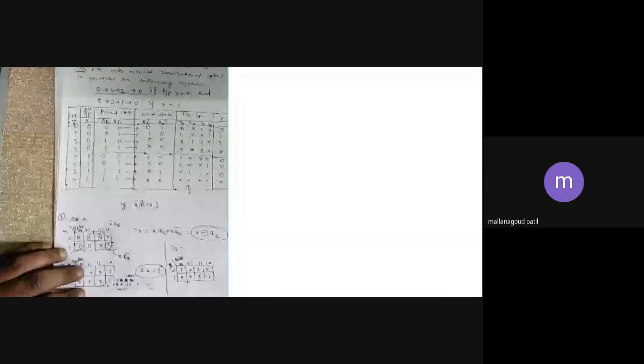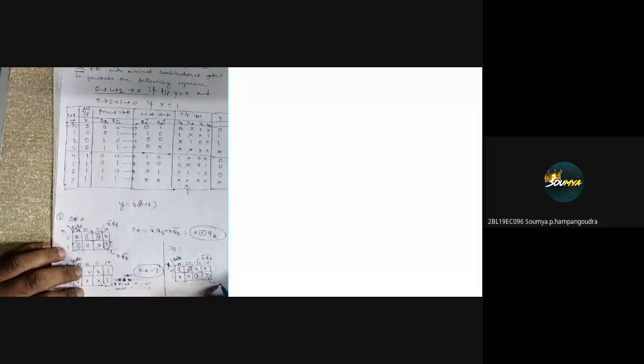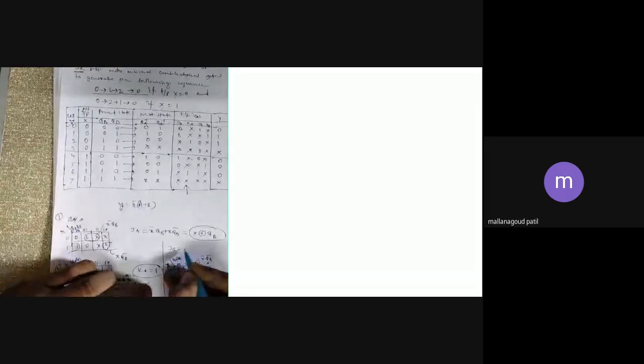You can group this one, 2. You can group this one, 2. What is this group? X bar QA bar. What is this one? X QA. I can write JB equal to directly X XNOR QB.